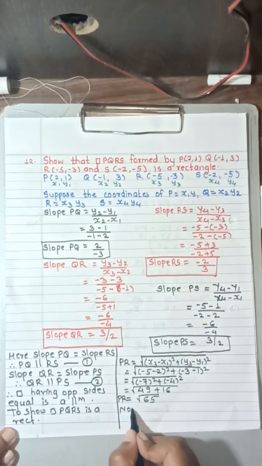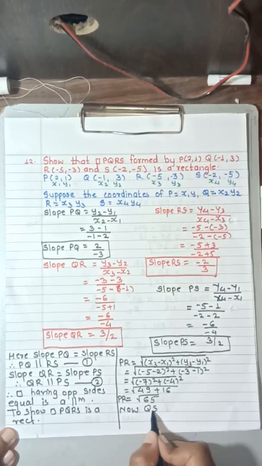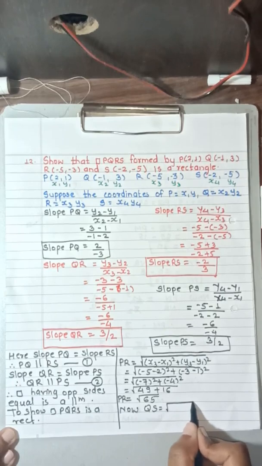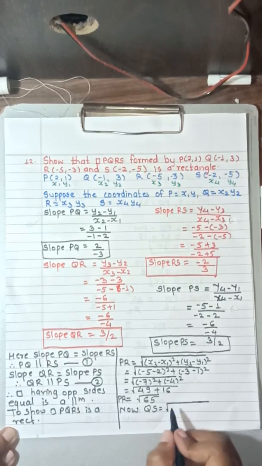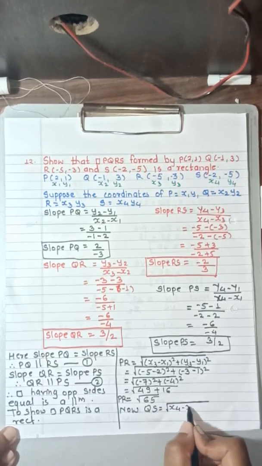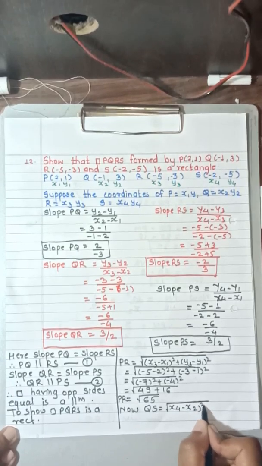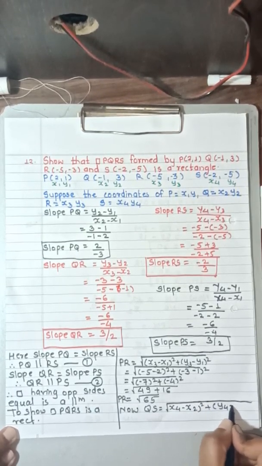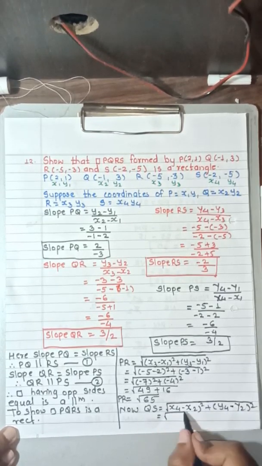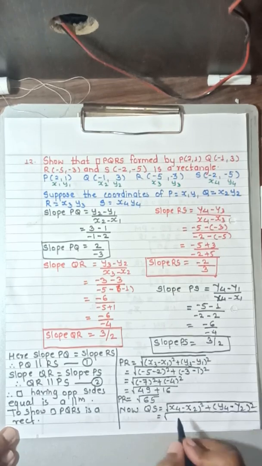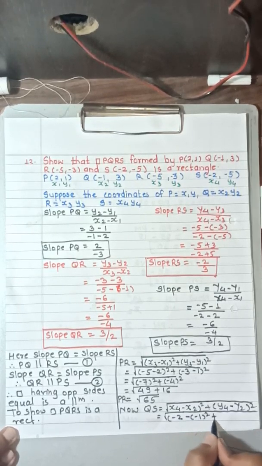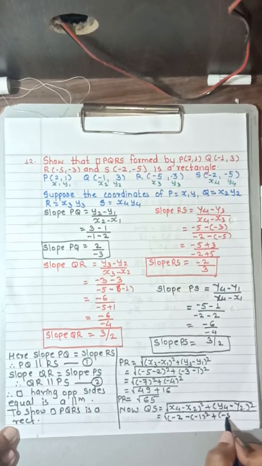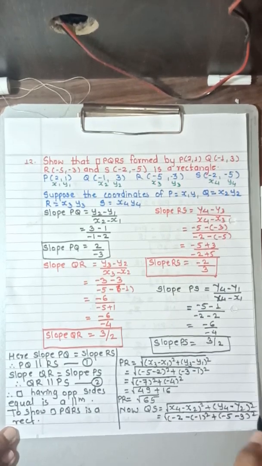Now you have to find QS. That is equal to under root of x4 minus x2 bracket square plus y4 minus y2 bracket square. That is equal to under root of minus 2 minus minus 1 bracket square plus minus 5 minus 3 bracket square.